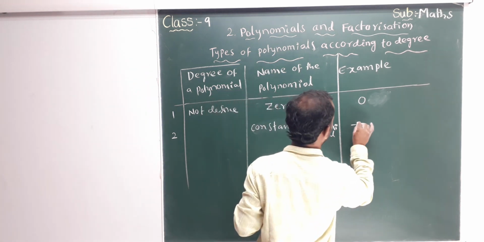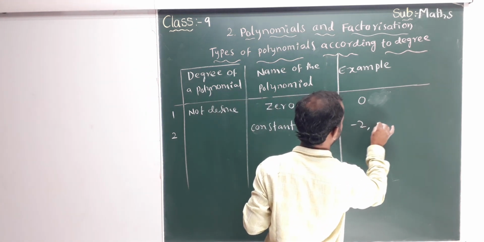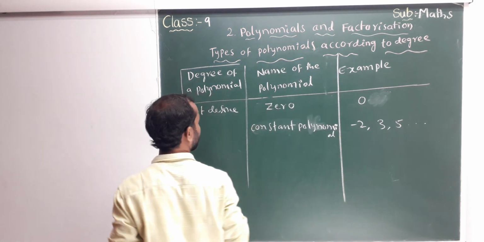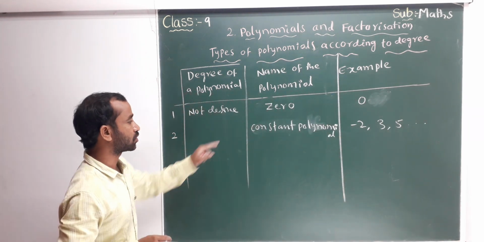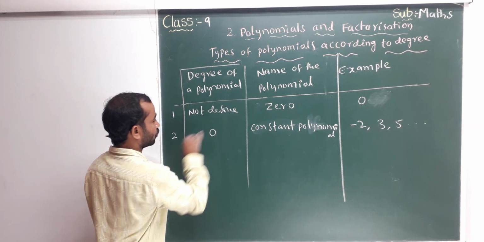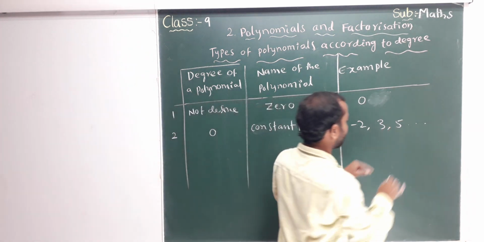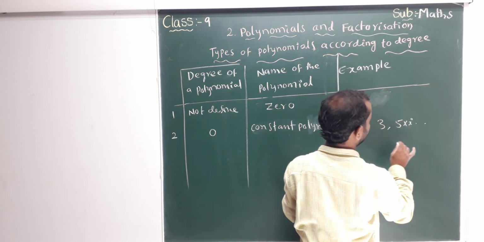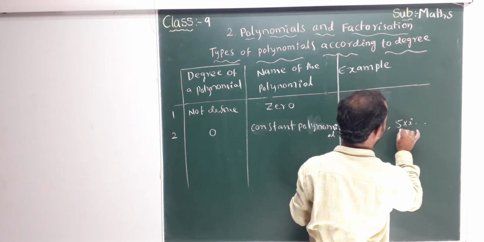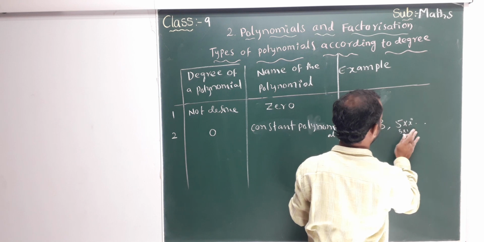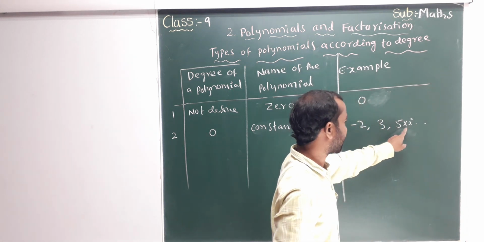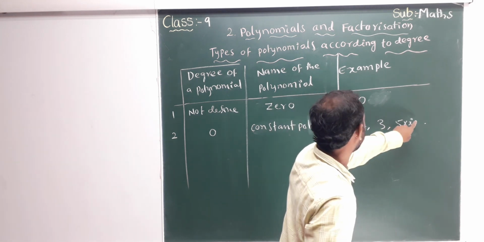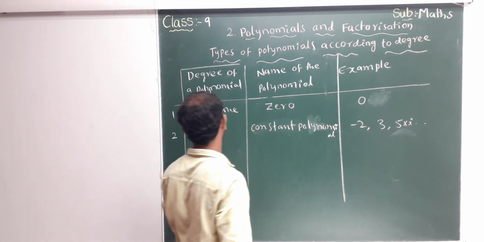We have only constant terms, like minus 2, 3, 5, etc. Here the degree of a constant polynomial is 0. Why? Because, for example, 5 into x to the power of 0, where x to the power of 0 is 1, so 5 into 1 is 5. So 5 can be written as 5x to the power of 0. So the degree of a constant polynomial is 0.